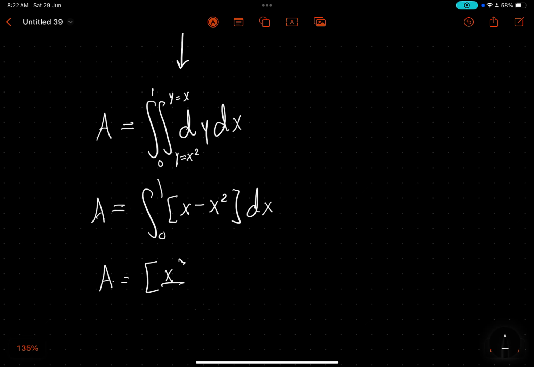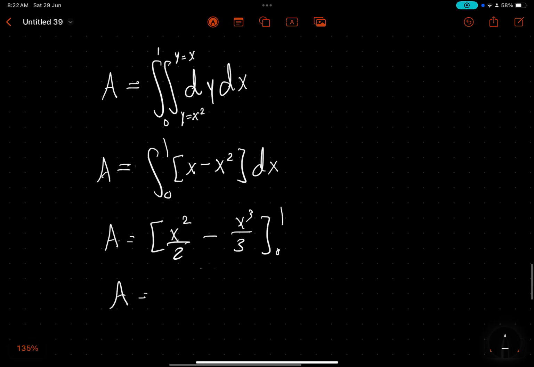So x squared over 2 minus x cubed over 3 from 0 to 1. So A equals 1 over 2 minus 1 over 3, which is 3/6 minus 2/6 equals 1/6.